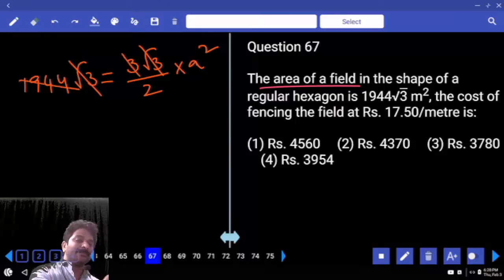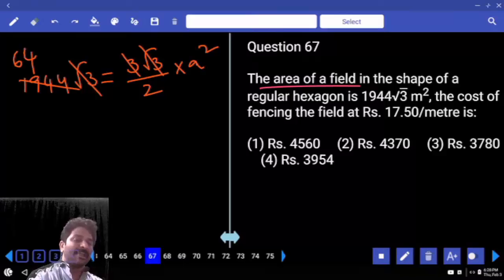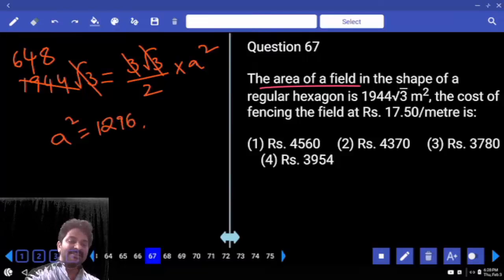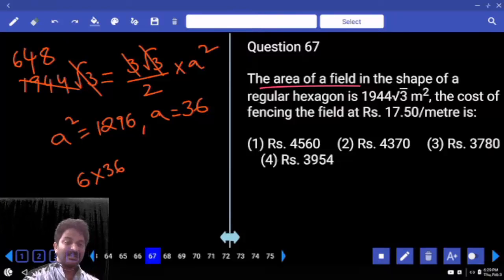Cancellation with 3. 6 times 14 we have, 4 times and 8 times. So from this, a square is equal to 1296. A is equal to 36. Perimeter is equal to 6 times 36.